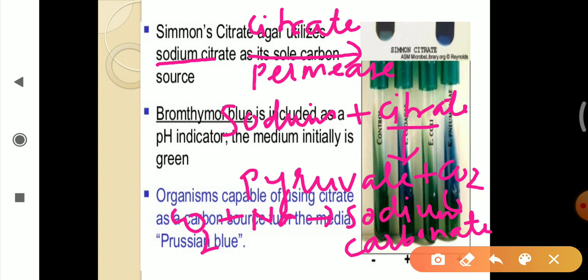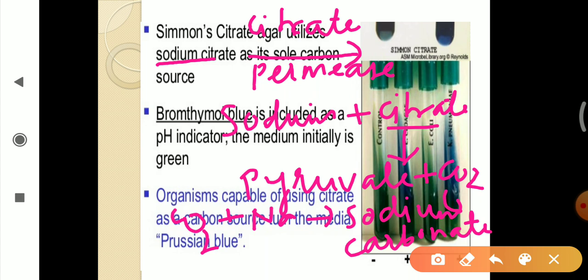Due to the alkaline compound, the pH will increase, and due to this, bromothymol blue will detect it and change from green to blue. So this is the principle of the citrate utilization test.